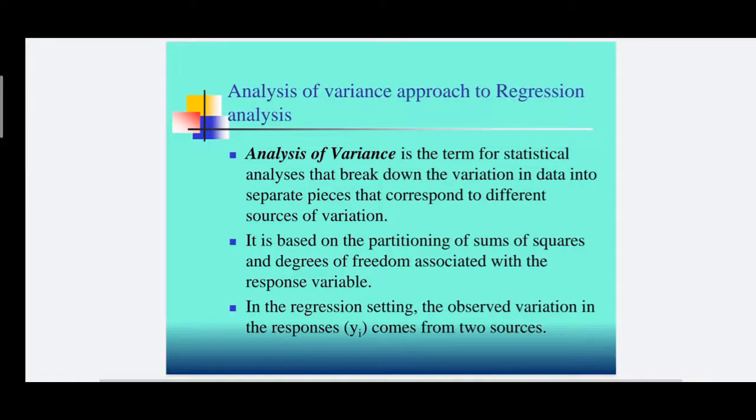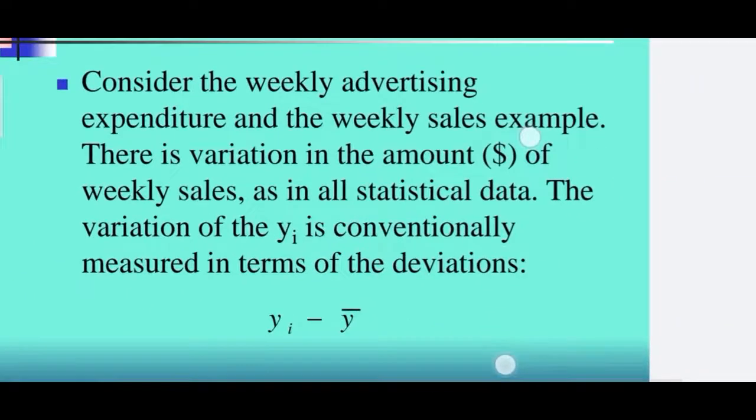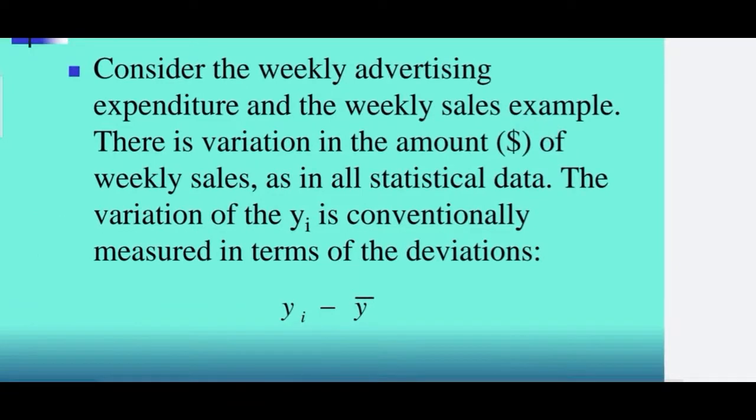But before that, you kena tahu dulu macam mana the formula of SST, SSE dan SSR created. In the regression setting, the observed variation in the response Y comes from two sources, which is conventionally measured in terms of the deviation, perbezaan, the deviation di antara Yi dengan Y bar.